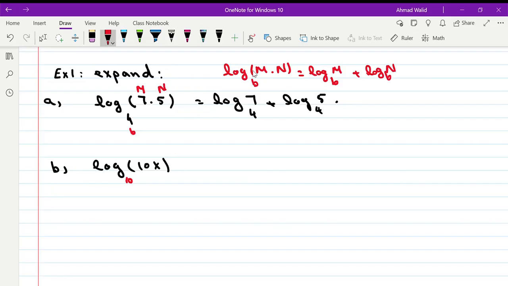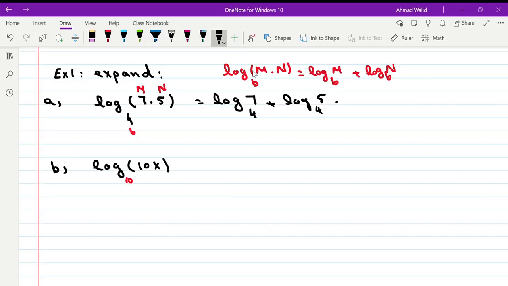Your base is 10. That's a common log. Correct? I put 10 here in red, but in an actual example, they don't show this base. No one writes base 10. When there is no base, it means it's base 10. I put the 10 in red here just to explain the example. But in future, if you don't see a base, immediately your base is what?